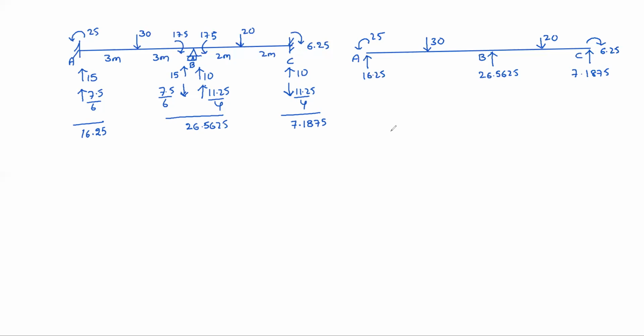So now we can draw the shear force diagram. Shear force upward 16.25, straight 30 down. 30 down means it goes to minus 13.75. Then it goes straight. Then plus 26.5625. Then how much is it?